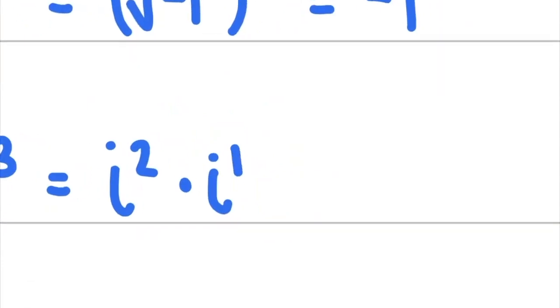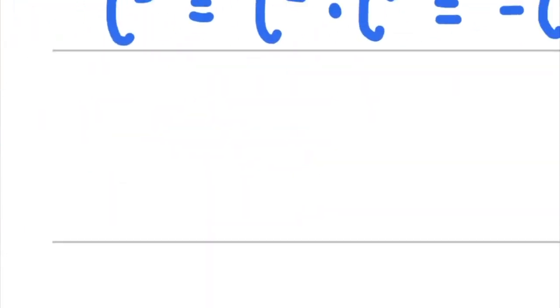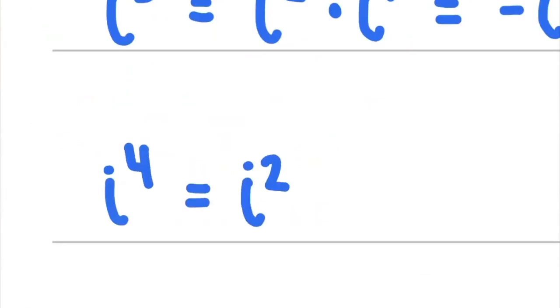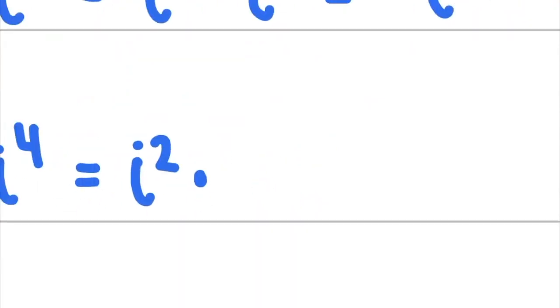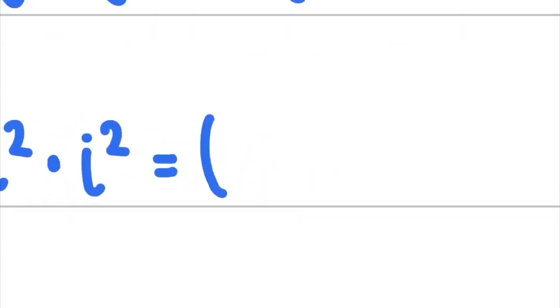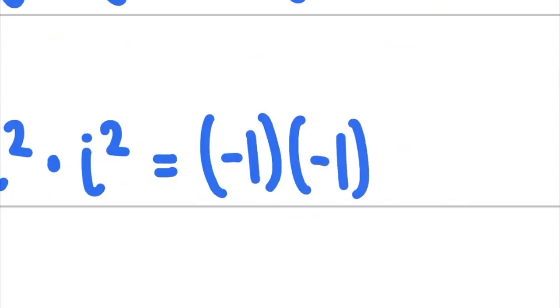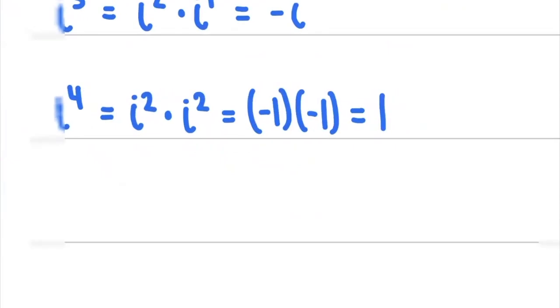So i squared is negative 1, so negative 1 times i is just negative i. And i to the power of 4 is i squared times i squared, which is negative 1 times negative 1, which is positive 1.